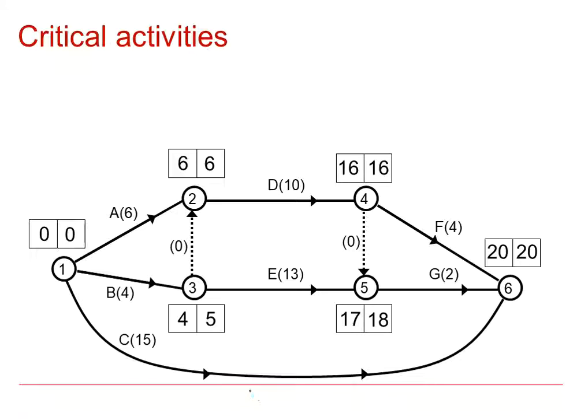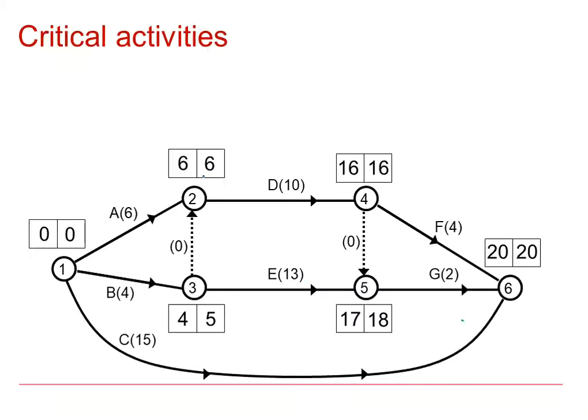If we look at E here, the latest time that E can finish is 18, take away the earliest it can start 4, take away its duration 13, gives me 1 unit of float on E, therefore it's not critical.